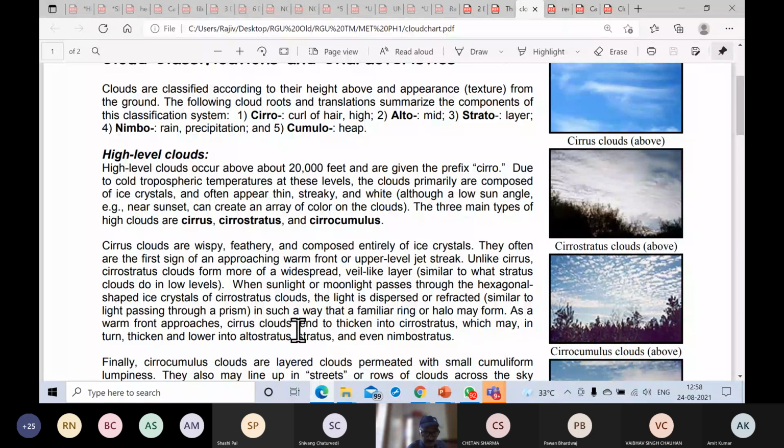As far as the weather is concerned, this is the first sign of an approaching warm front. So this is cirrus, the high level cloud.